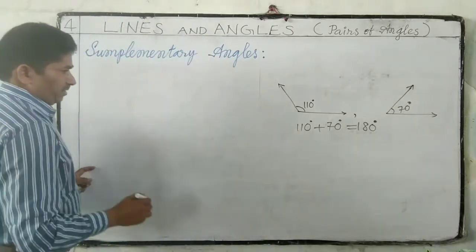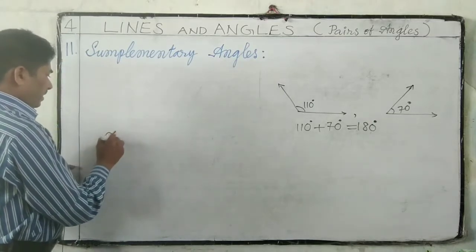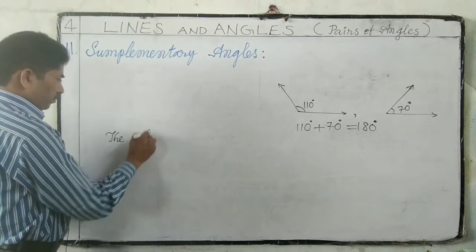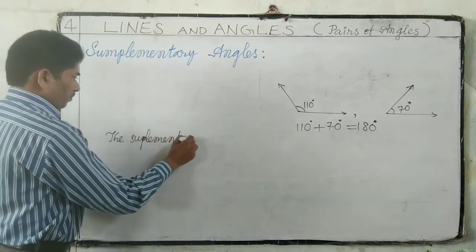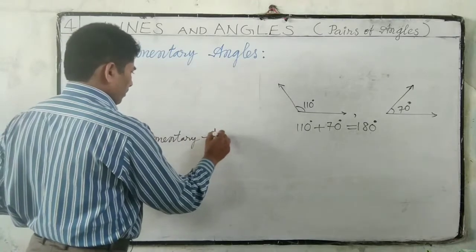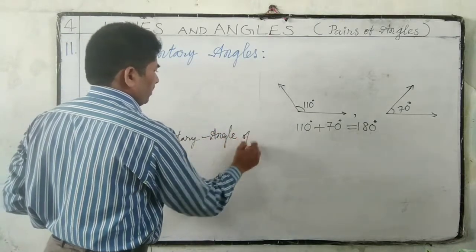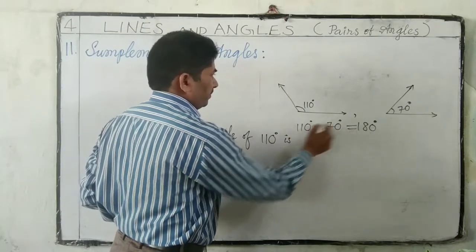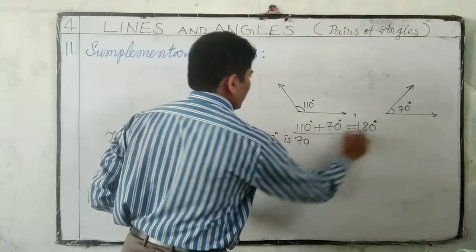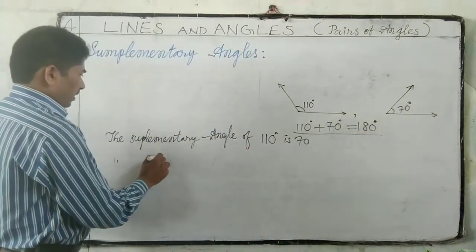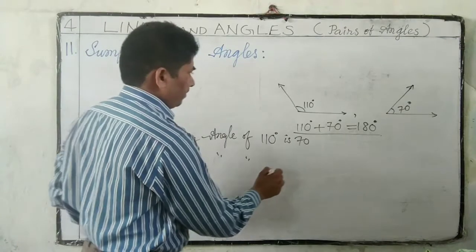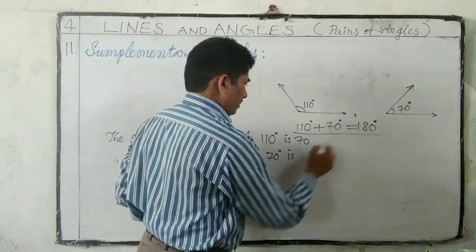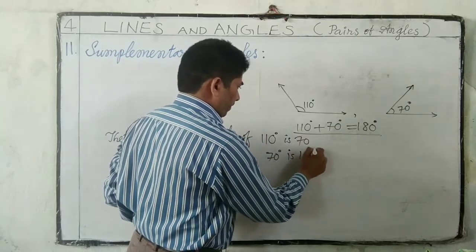And also we can say that the supplementary angle of 110 degree is 70 degree, and the supplementary angle of 70 degree is 110 degree.